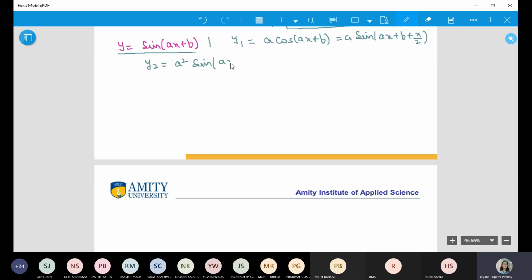Do I write it like a squared? Yes, ma'am. Can we? Same process. So if I continue this, I can write it like this. Is it accepted or not?